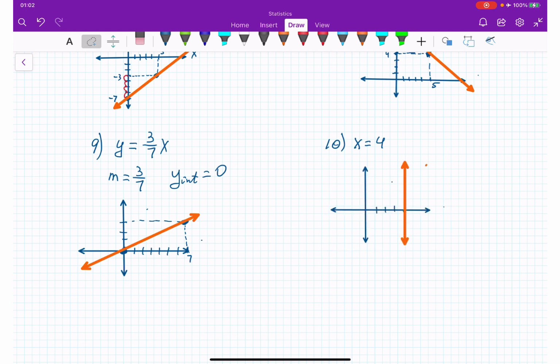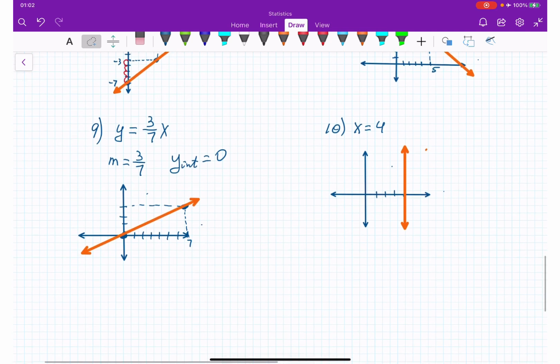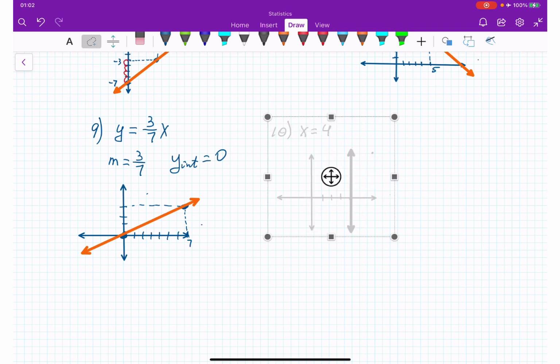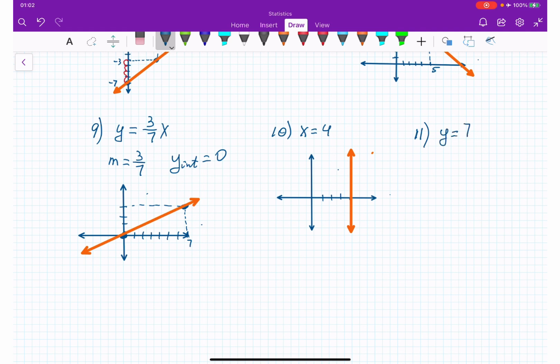Next, question number 11. Let me move it here. I can squeeze the other one in also because these are very simple cases. Question number 11. Now we need to graph y equals 7. Guess what?